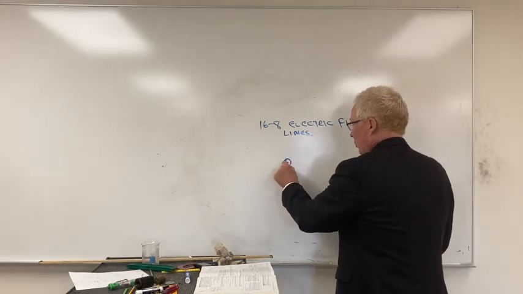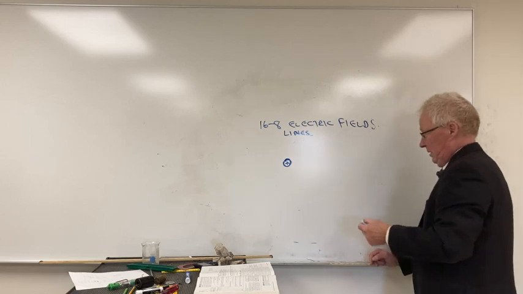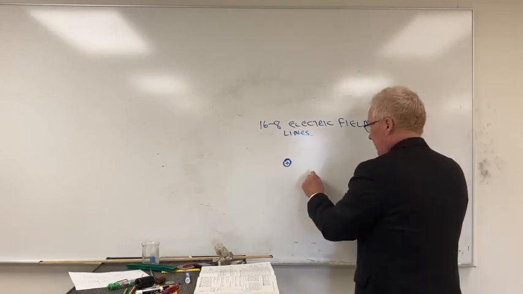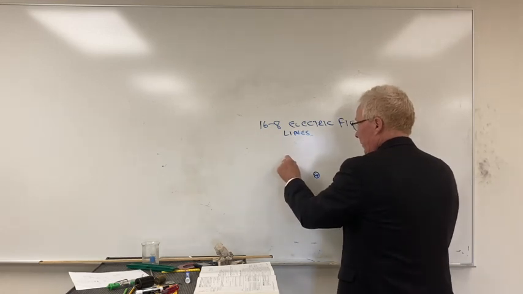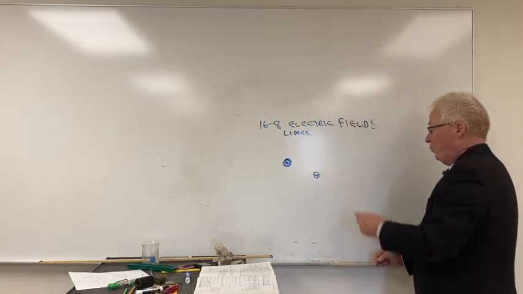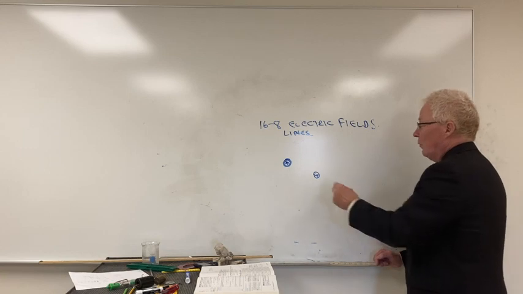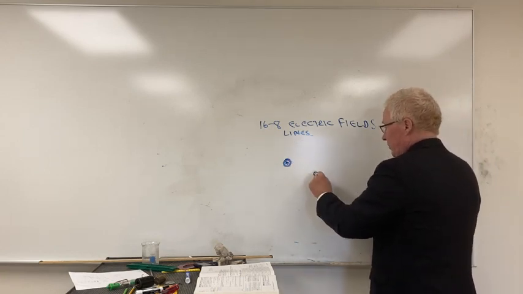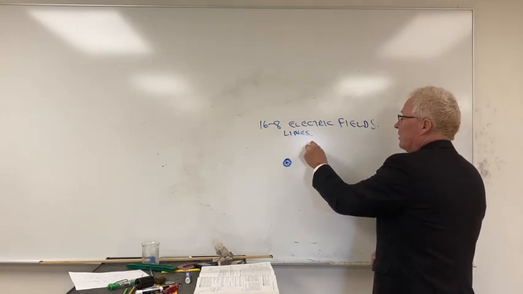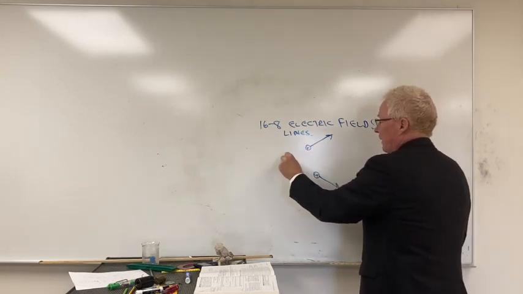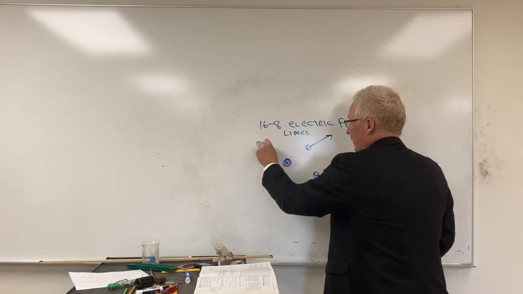So if I have a proton in the center and I put a positive charge there and keep this one fixed, where would this one move? Well, it would be repelled, so it would move outwards, away from it. If it was over here, it would move like that. If it was over here, it would move like that.